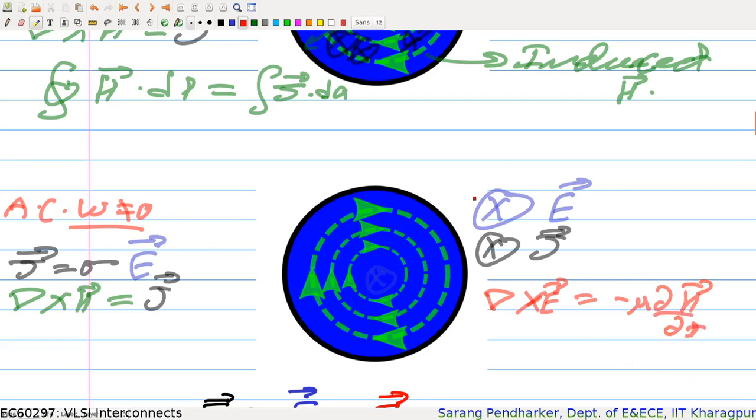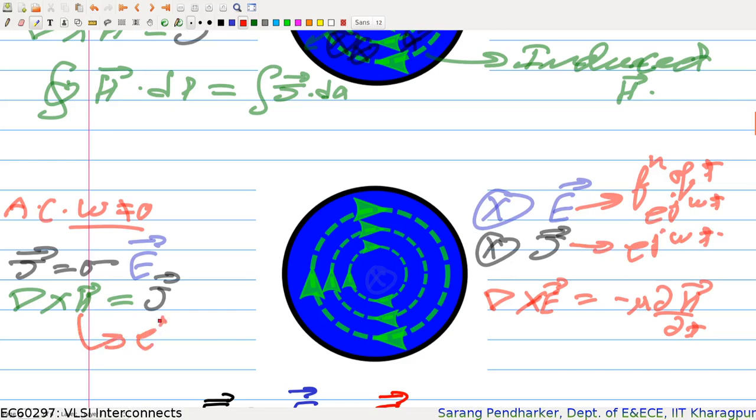Now in the case of AC field, this is a function of time, a harmonic function. So this is harmonically varying with e to the power j omega t. Similarly, this is also varying with e to the power j omega t, and therefore this H is also varying with e to the power j omega t.